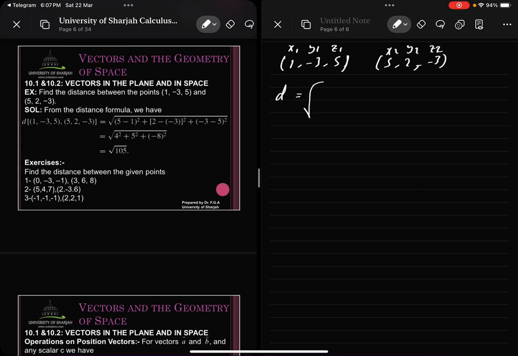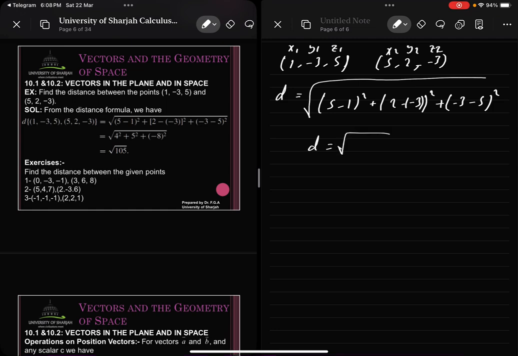So it will be the square root of (5 minus 1) squared plus (2 minus negative 3) squared plus (negative 3 minus 5) squared, and we end up with 4 squared plus 5 squared plus negative 8 squared. It will be the square root of 105.